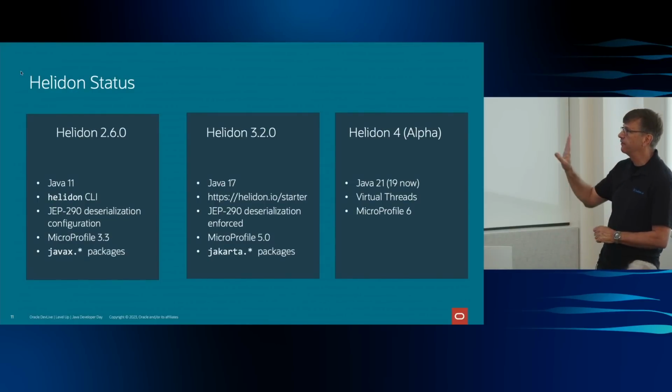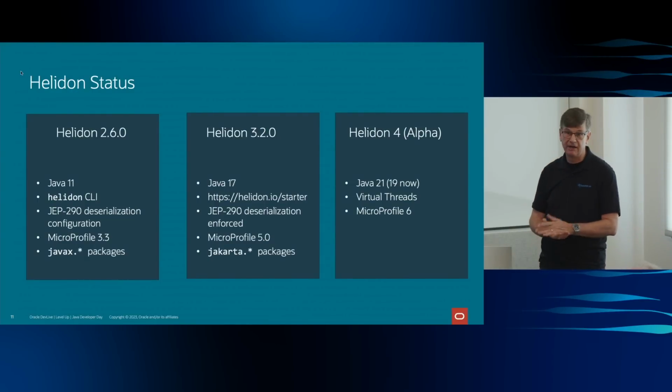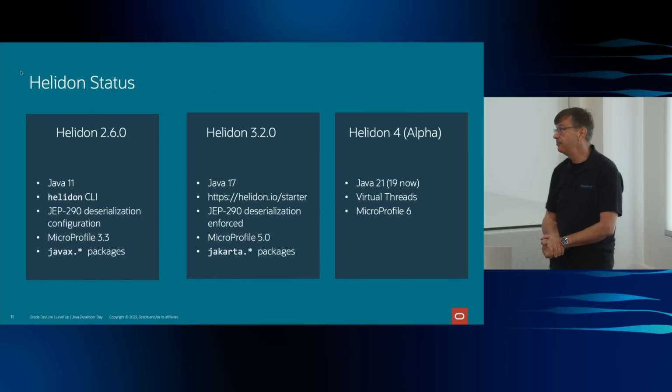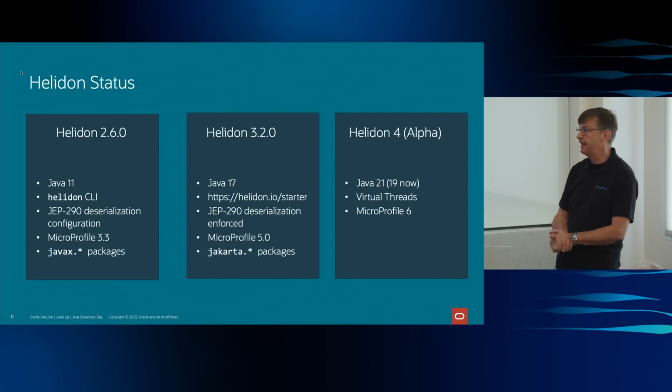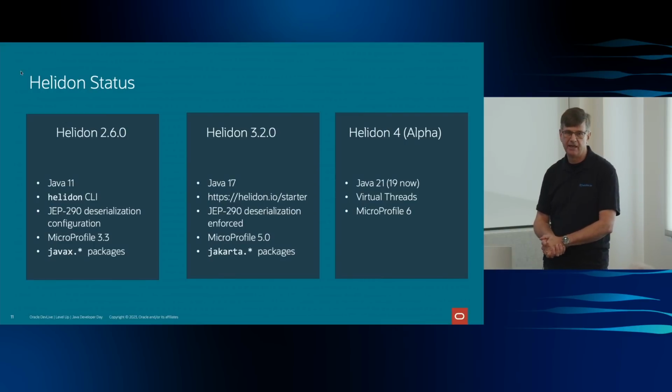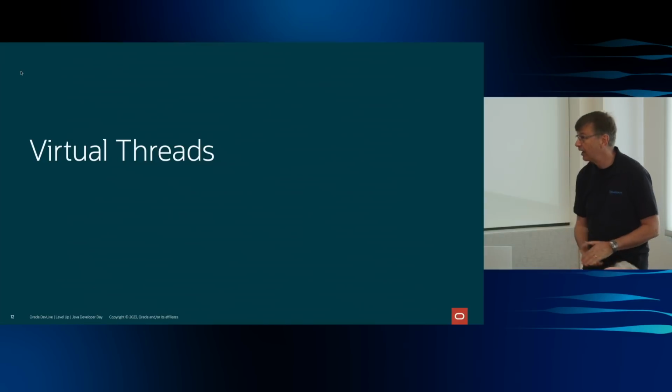And then with 4.0, we currently require Java 19. In a couple of days, it will be Java 20. And by the end of the year, Java 21, because we are heavily committed to virtual threads in Helidon 4. Those are in preview now in Java 19 and Java 20. And there is now a draft JEP for promoting them to supported availability in 21. So that's what we're counting on.